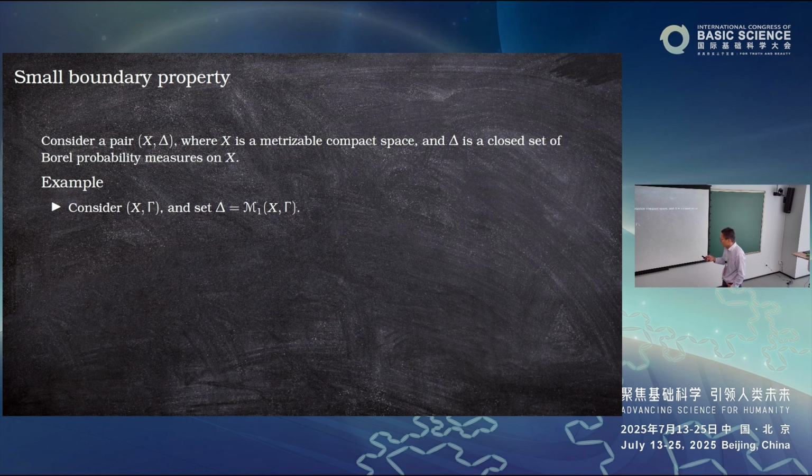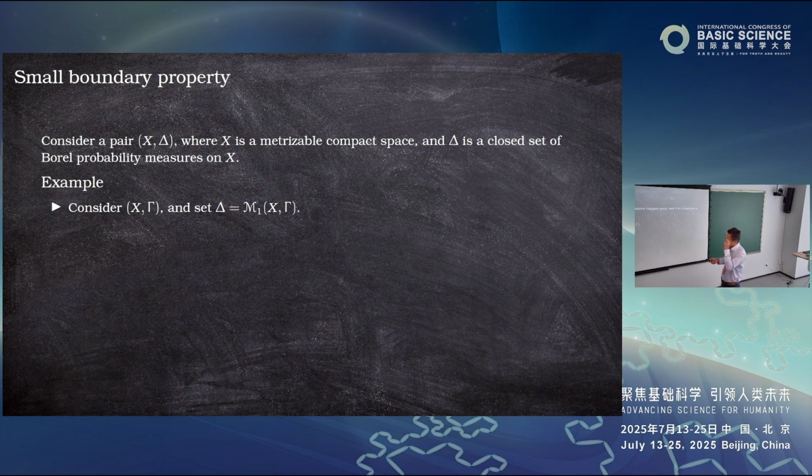Here are the motivating examples. This property, the small boundary property, came from dynamical systems, in the setting where we have a dynamical system X and gamma. Then canonically, you have this delta. Just choose it to be all the invariant probability measures. So you have X together with the invariant measures, not arbitrary measures.